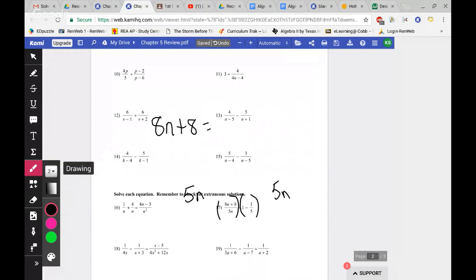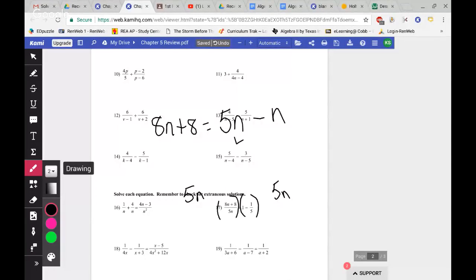Now, over here, I have a 1. And the denominator, like what you would do when it's a whole number, is obviously 1. So 1 goes into 5n 5n times. And 1 times 5n is 5n. So that's what's going to happen to that one. Minus, and 5 goes into 5n with n left over. And that's going to give you an n.